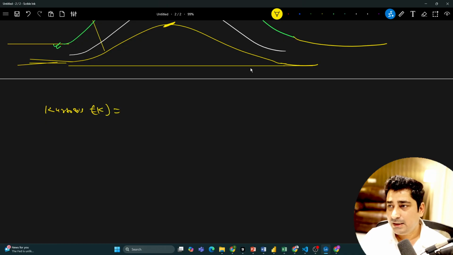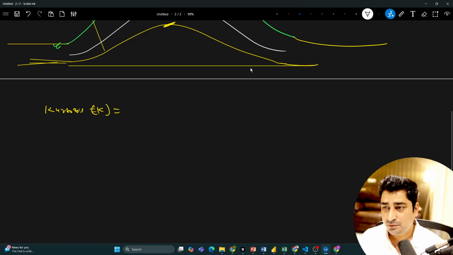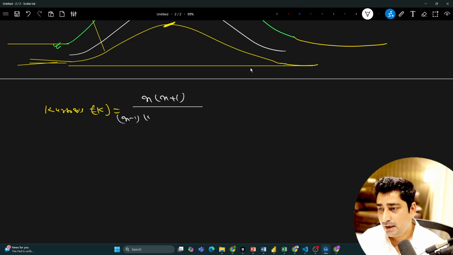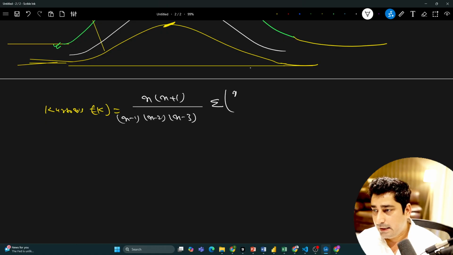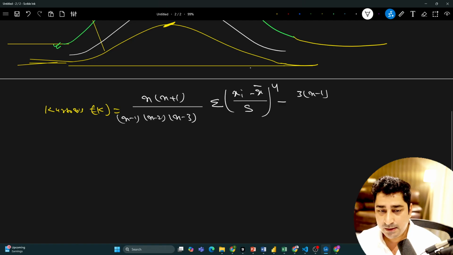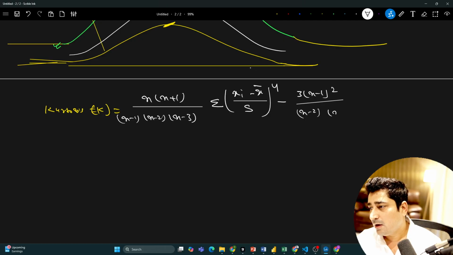To find the value of k for kurtosis, the formula is n into n plus 1 divided by n minus 1, n minus 2, n minus 3, times the summation of xi minus mean divided by standard deviation to the power 4, minus 3 into n minus 1 square divided by n minus 2, n minus 3.